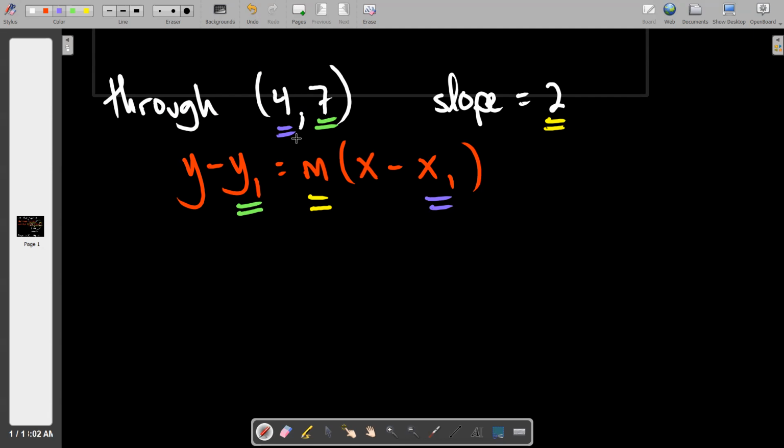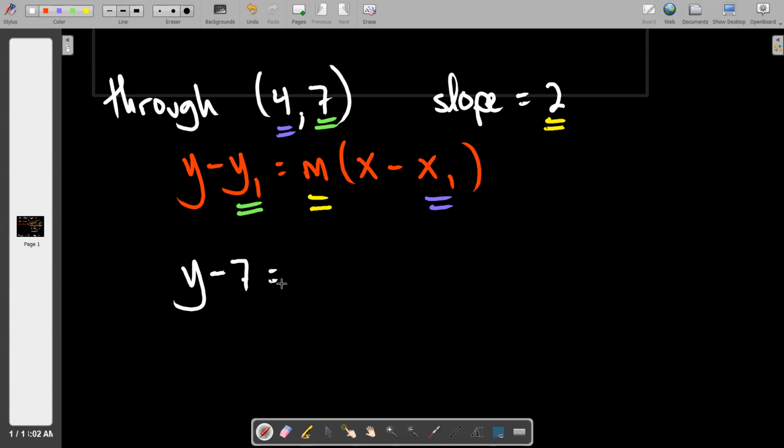Okay, so we're going to copy that red equation, but whenever we get to something that's underlined, we're going to swap it out with a number. So the very first thing says Y minus. And what are we going to put in place of Y sub 1? 7. And then we're going to put equals.